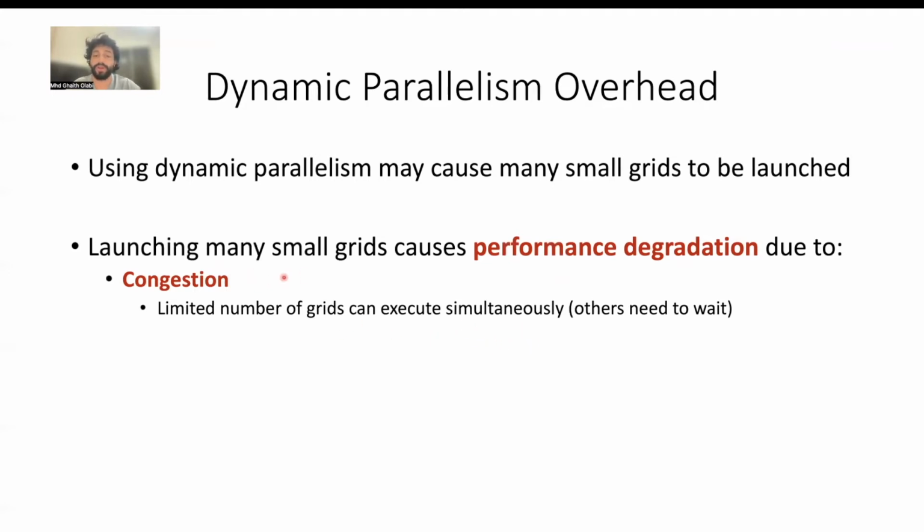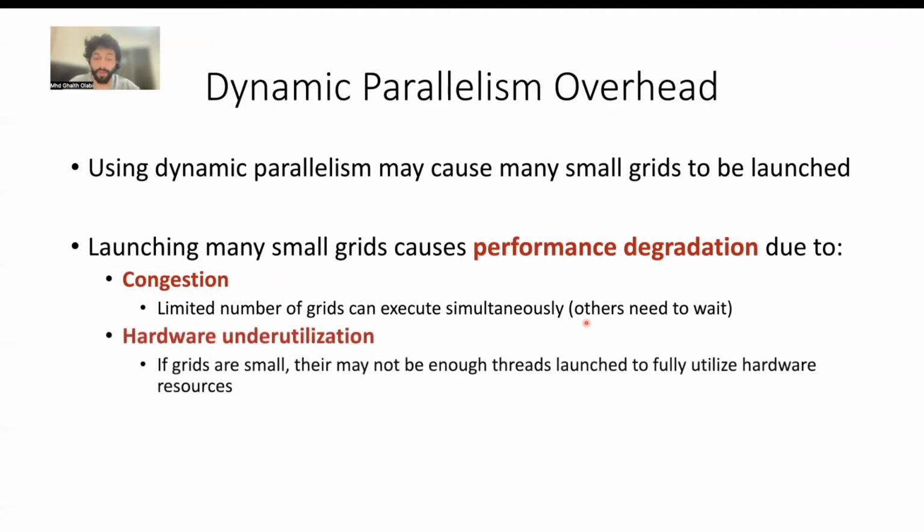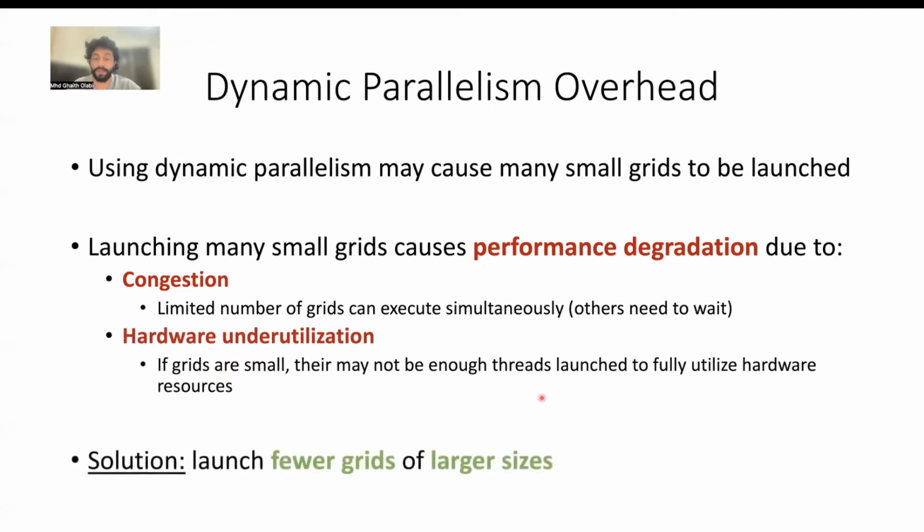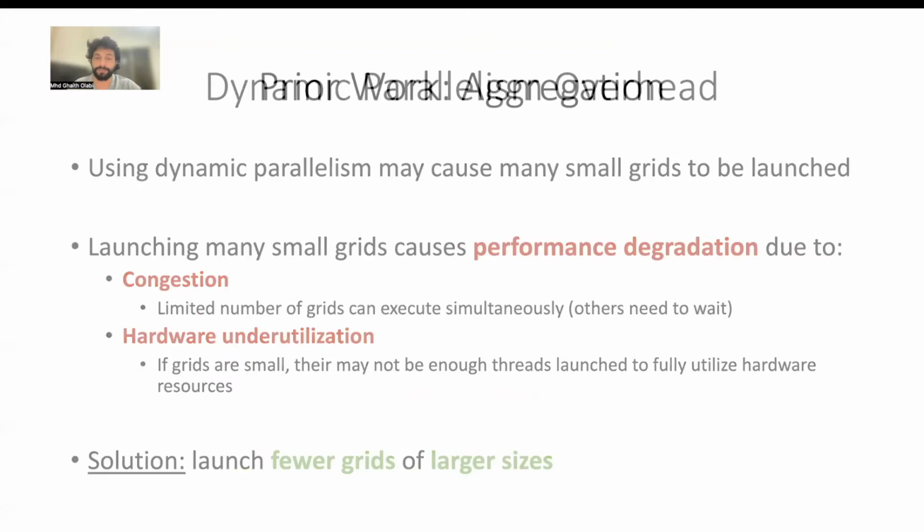So when we launch a huge amount of small grids, eventually some grids are going to have to wait. Instead of executing in parallel, they would execute serially. Also, hardware underutilization. If we launch a lot of small grids, there might not be enough threads launched to fully utilize the hardware resources. The solution to this problem is launching fewer grids of larger sizes.